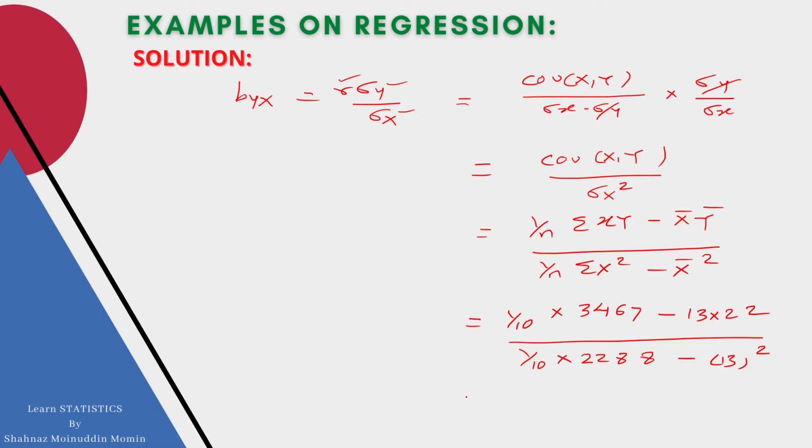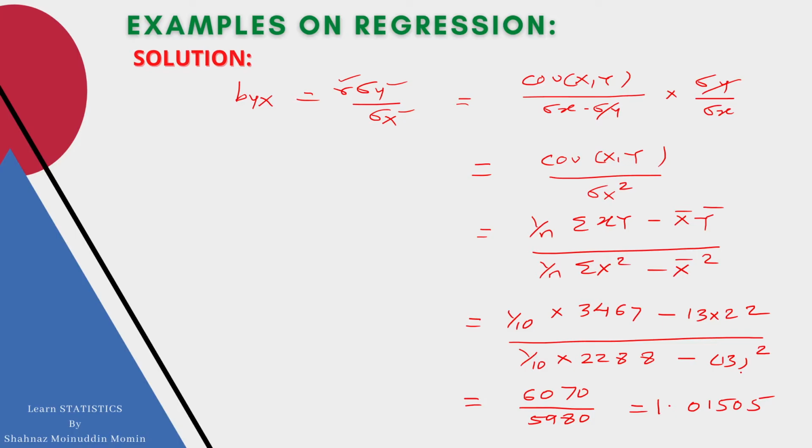After simplifying this, we get 6070 upon 5980, which is equal to 1.01505. This is the regression coefficient of y on x.